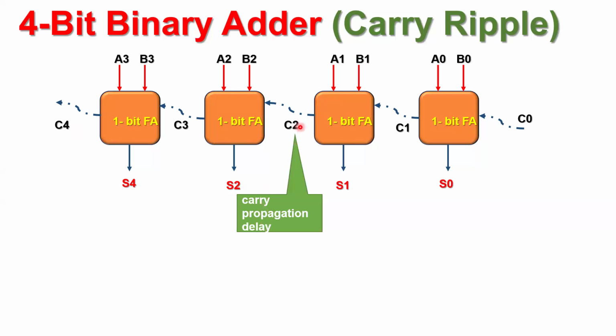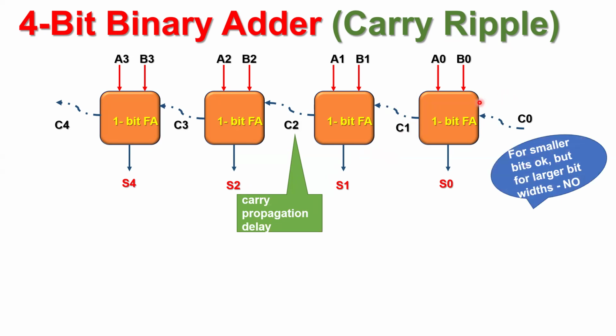That introduces a delay, because as I said, the sum is available at the outputs of the full adders one by one only when the carry gets inside the full adder, and inside there are logic gates. You have transistors, and with the transistors you have capacitances and resistance that introduce the propagation delay, and therefore the series addition is a slow process. These kinds of adder circuits are slow because of the carry propagation delay, and that's why we are also calling it a ripple carry or carry ripple adder.